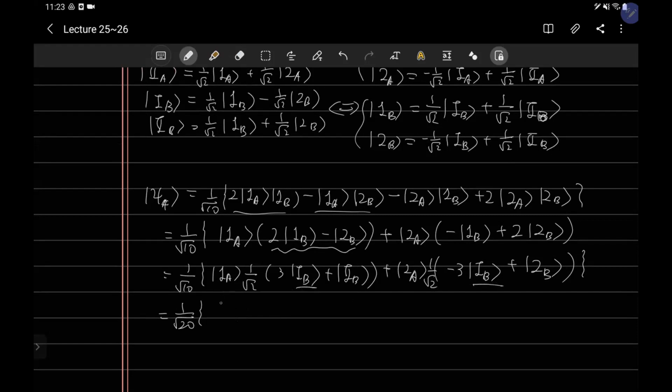So now what I'm going to do is factor out the I sub 1 sub b, and then factor out this one, not the Arabic number 2. So now I'm also going to collect these terms together.